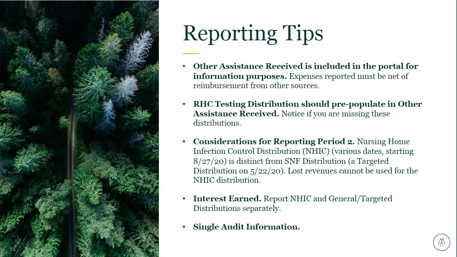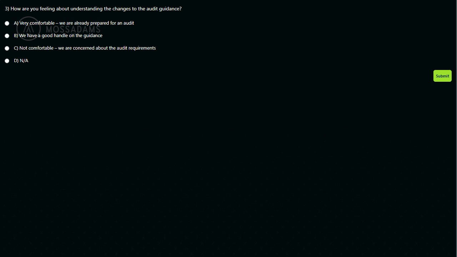For the commercial entities, whether you chose the single audit or the financial related audit under government auditing standards, that is submitted separately to HHS, and they've provided an email address. So just a couple things to keep in mind as you're getting ready to finish reporting and starting to look ahead to the audit. All right, Amy, could you take us through this polling question, please?